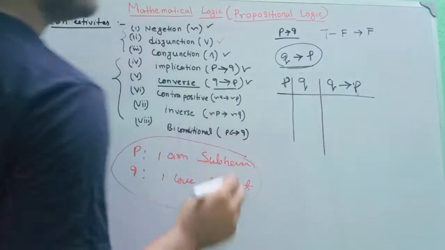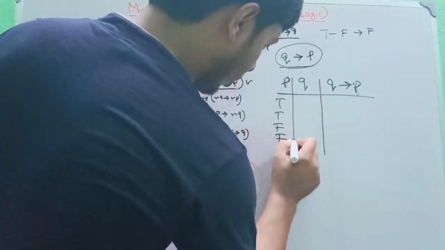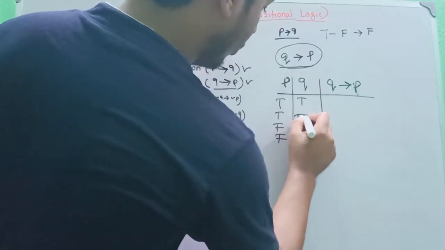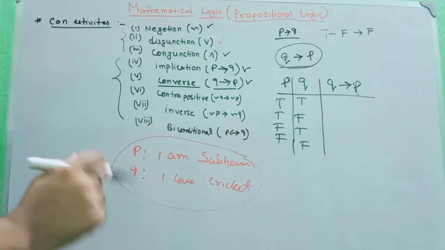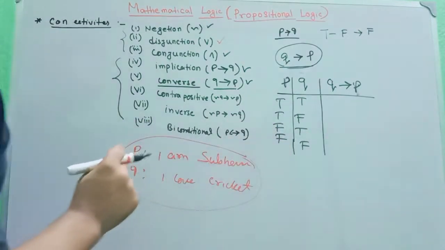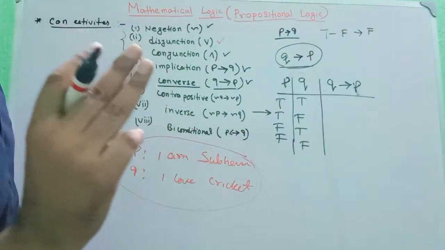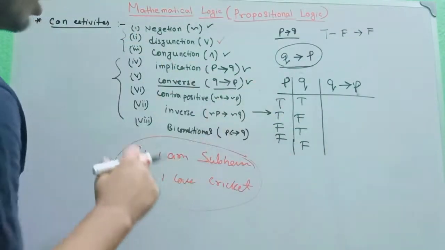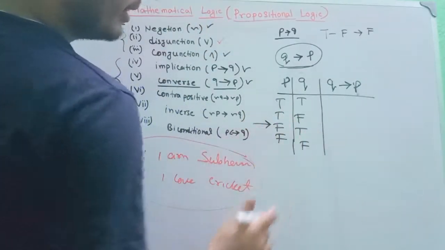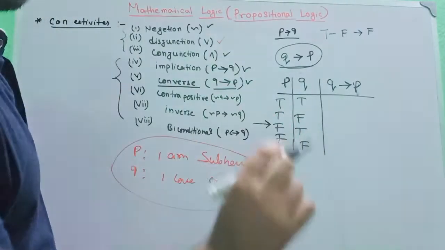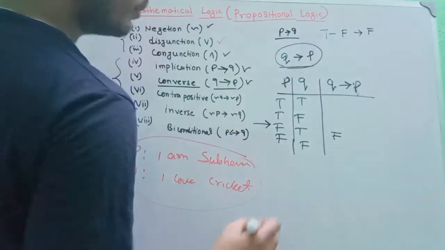So you can see true, true, false, false, true, false, true, false. In implication, only true implies false is false, but in converse only false implies true is false.